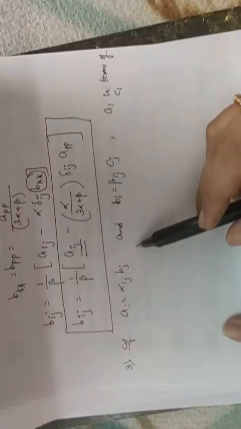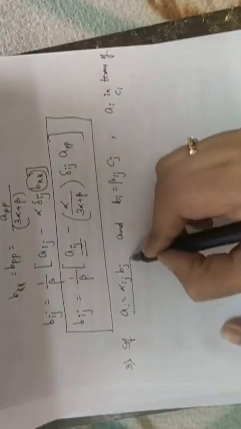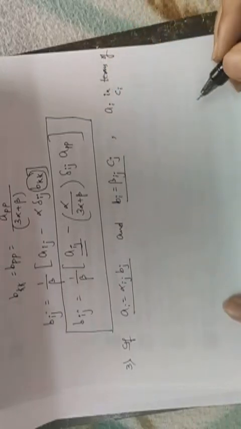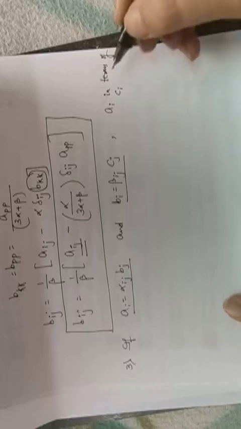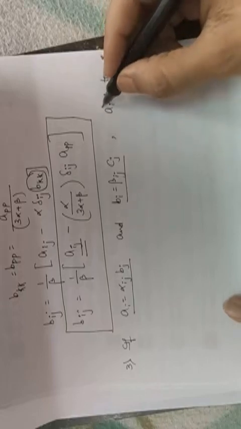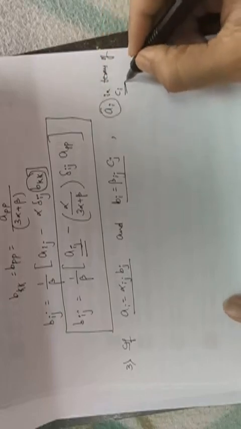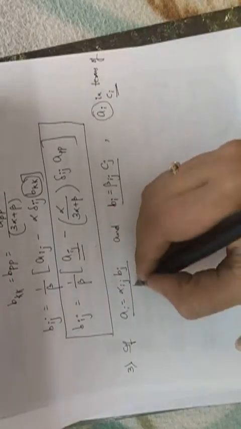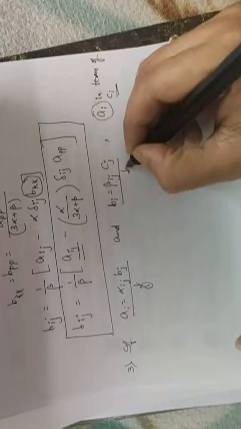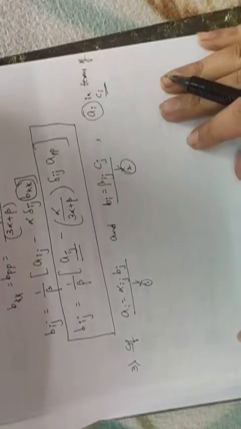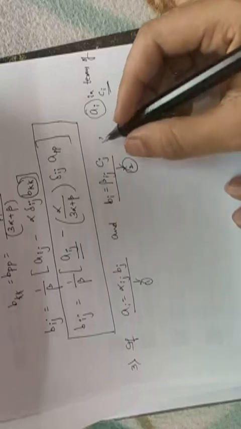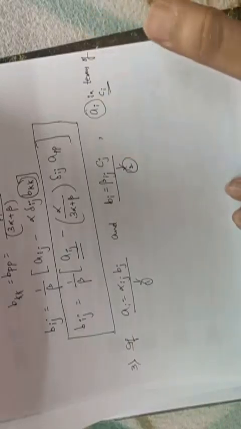I have one more similar problem. If Ai is equal to alpha ij bj and bi is equal to beta ij into cj, we have to write Ai in terms of Ci. I will call this equation number 1 and this equation number 2. If I change the suffix from i to j and j to k, it makes no difference.